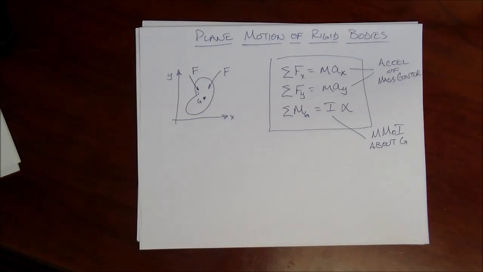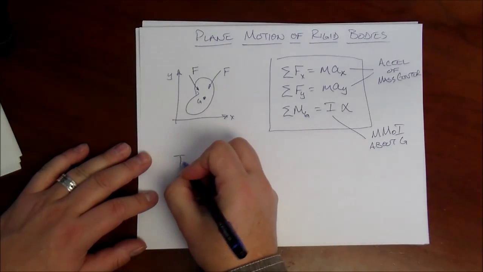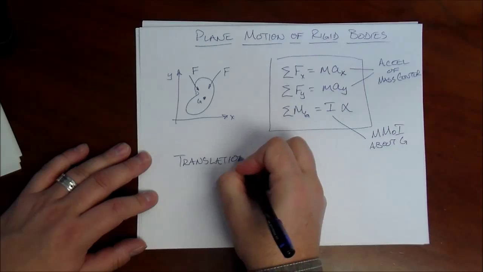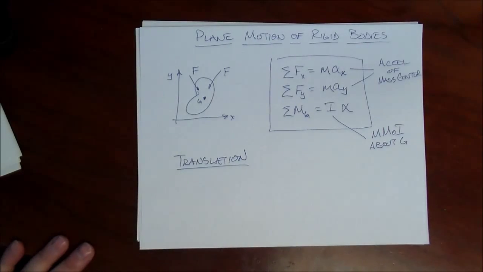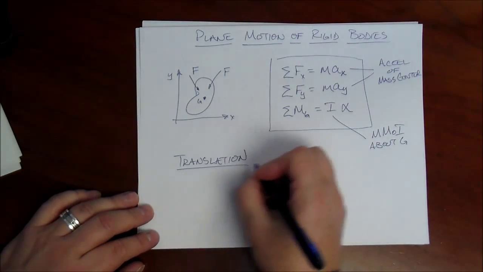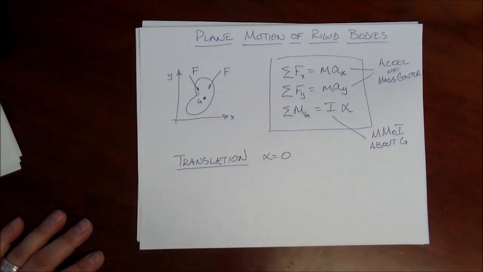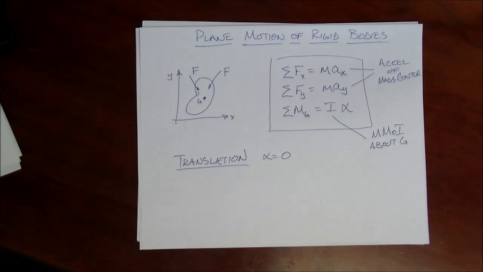We can separate this into some more simple cases, increasing complexity. For example, for a rigid body in translation, right? If it's in translation, then alpha, the angular acceleration, will be 0. The rigid body won't be rotating at all. Its orientation will be maintained, so omega is equal to 0 and alpha is equal to 0.